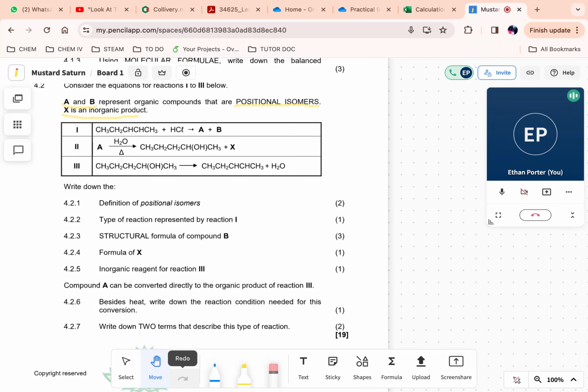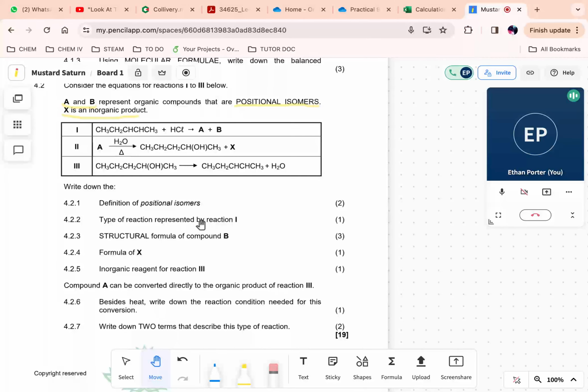In 1-butanol, the OH group is at the end of the chain, and in 3-butanol, it's in the middle of the chain. So you can phrase it how you like, but compounds with the same molecular formula, but different positions of the side chain, substituents or functional groups. In the butanol example, it's different positions of functional groups.